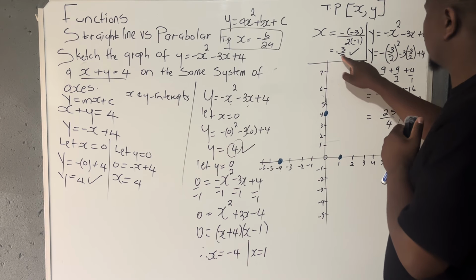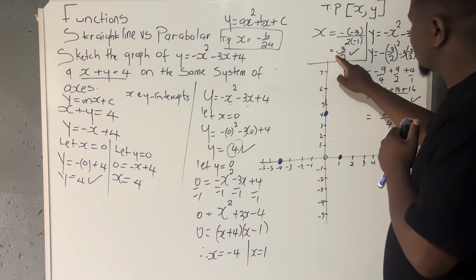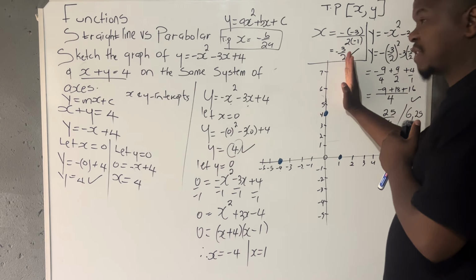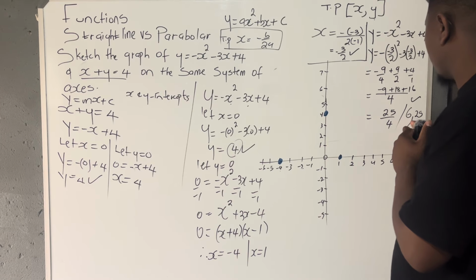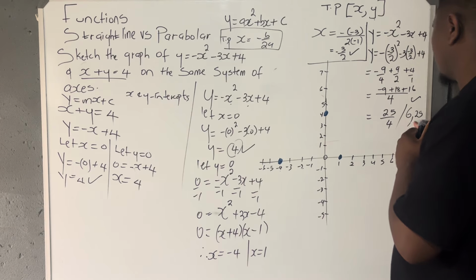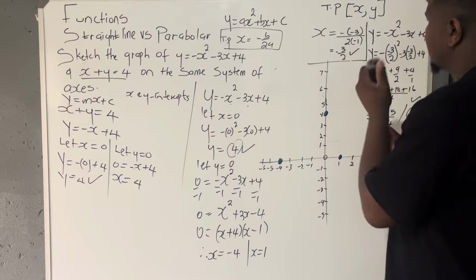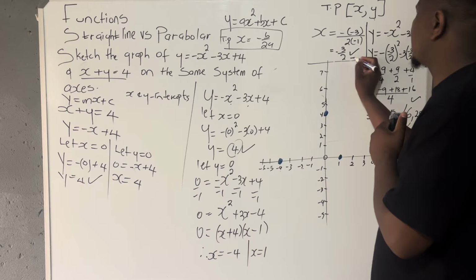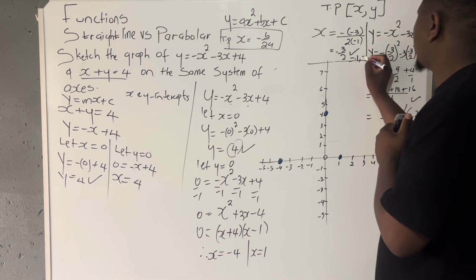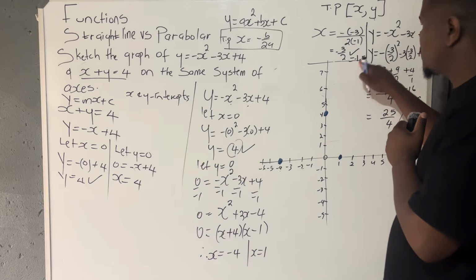The turning point is minus 3 over 2 in terms of the x, but in terms of the y it is 6.25. Why do I say 6? I want to trace where 6.25 is. And since this one is negative 3 over 2, it is the same as negative 1.5. Now I know where to find negative 1.5.